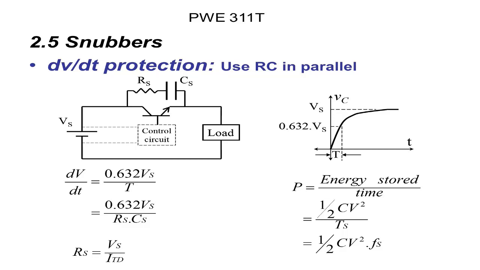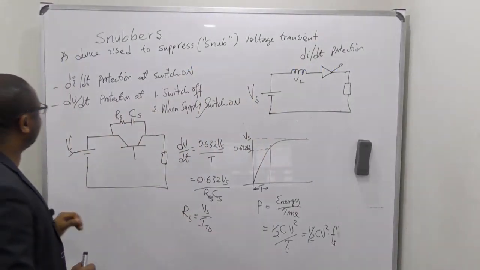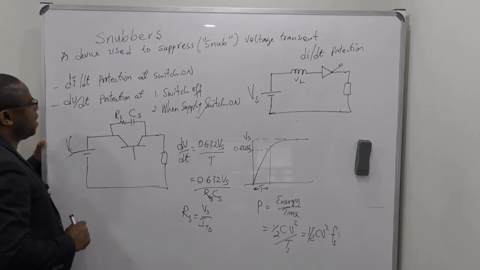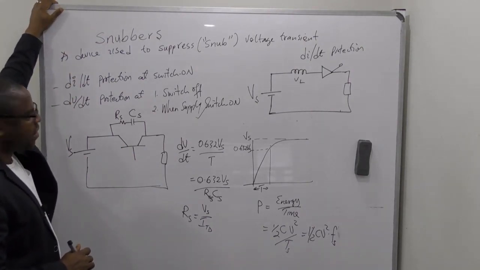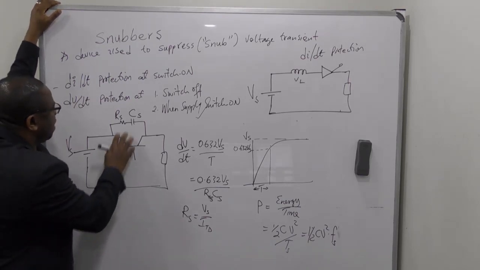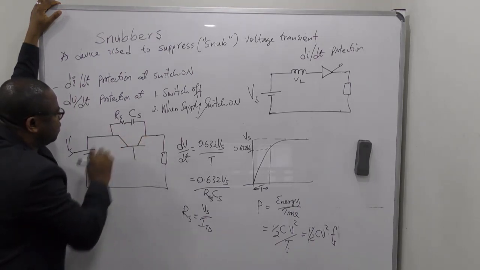We're going to have a snubber that is made up of a resistor in series with a capacitor, and you connect that in parallel with that switch or semiconductor device. We want to protect this transistor against transient voltage, so we connect a snubber, which is an RC circuit, in parallel with the switch.